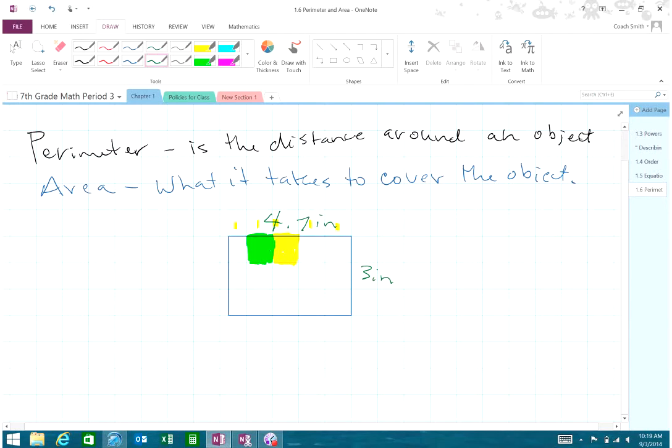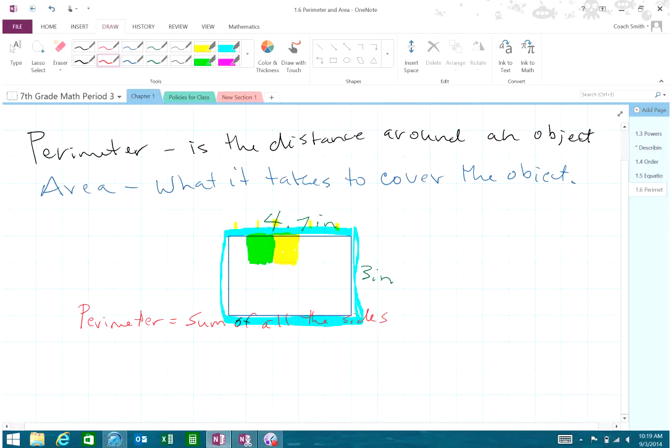Okay? Now, to figure the perimeter and area of that figure, the perimeter is the distance around this object. Well, to find the perimeter is equal to the sum of all the sides.